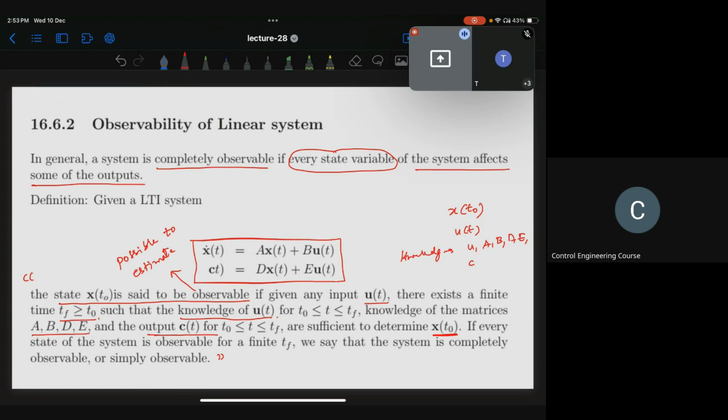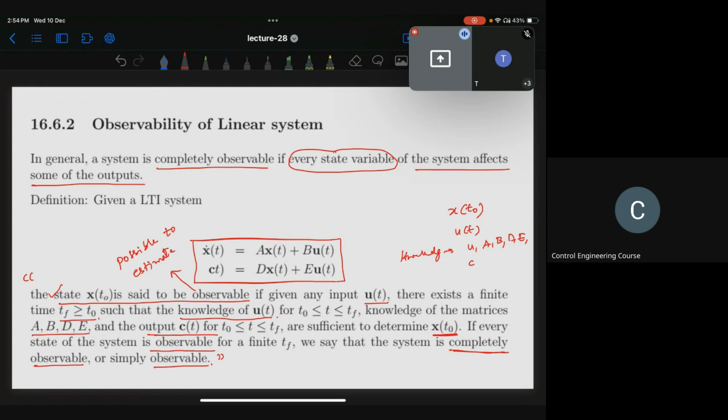Then we can say that x of t naught is observable. If every state of the system is observable, then the whole system is completely observable, or simply observable. I hope this definition is clear here.